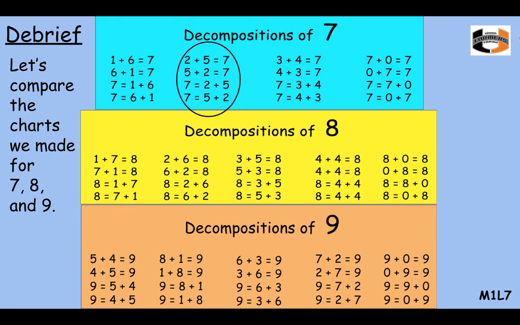Now we're going to look at 2 plus 5 equals 7 and compare how that looks with 3 plus 5 equals 8. One part went up, therefore the total went up.